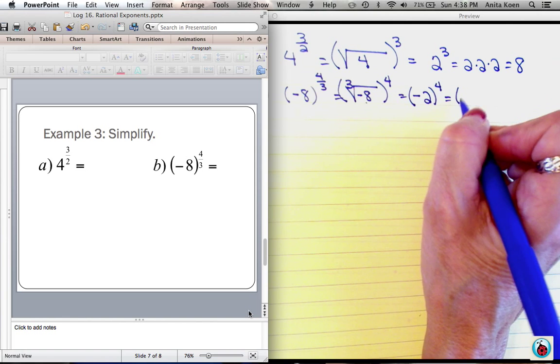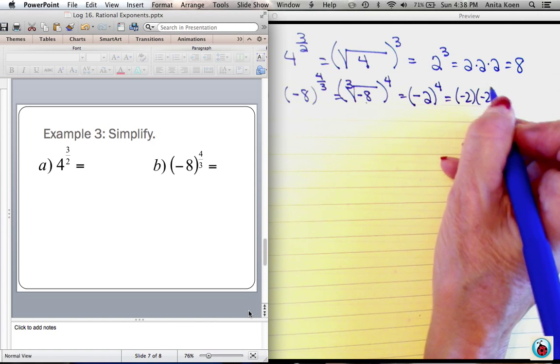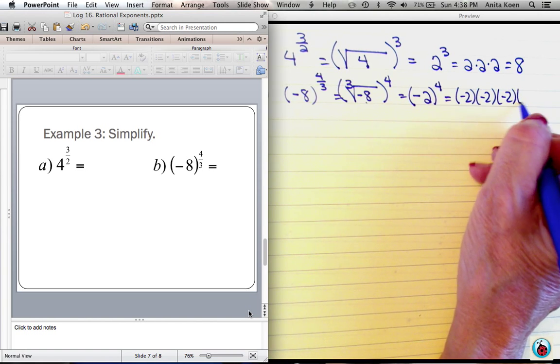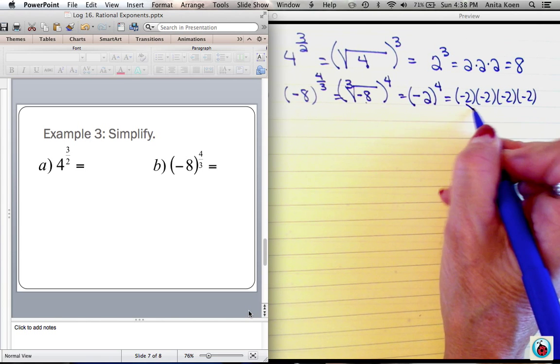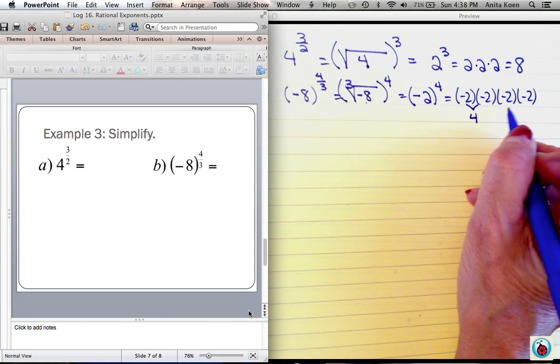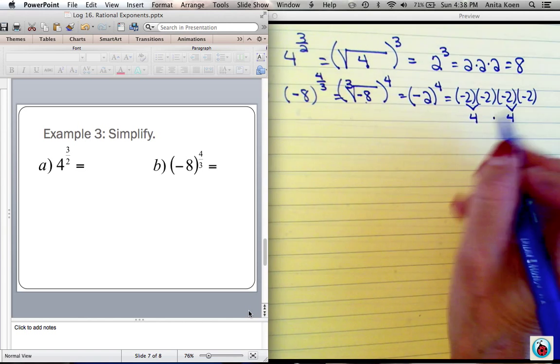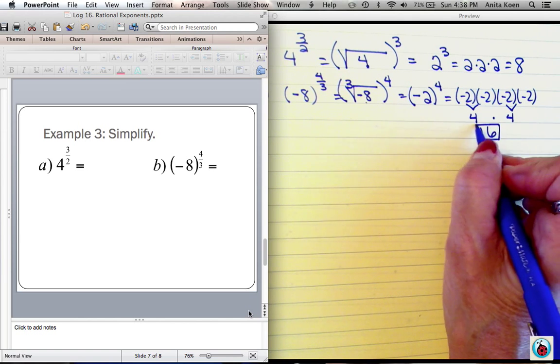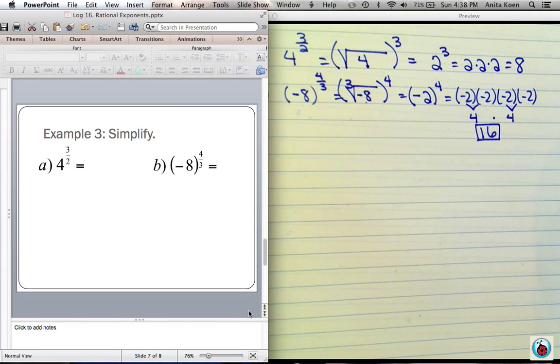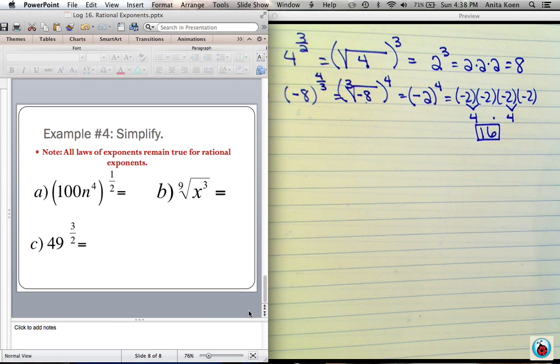So that gives me negative 2 times negative 2 times negative 2 times negative 2. Well, negative 2 times negative 2 is positive 4. Negative 2 times negative 2 is positive 4. And 4 times 4 is 16. So negative 8 to the 4/3 power is 16.